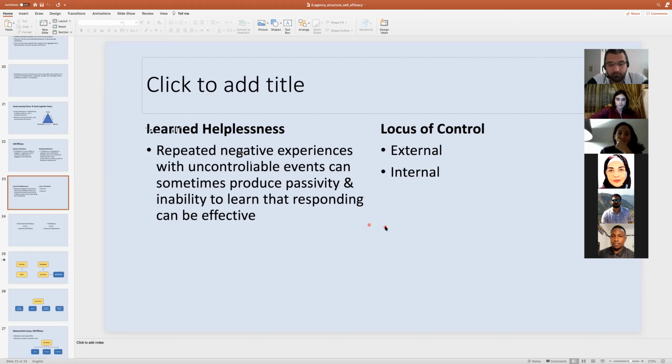Okay, if they fail the first week, the second week, the third week, because the goal is too extreme, they will actually give up and not try again, particularly in cases where they are not provided with the skills to be able to engage in that behavioral change. Okay, so if the goal is difficult to reach and the individual or individuals do not have the skills to be able to achieve small scale behavioral change, then passivity will basically reign in.